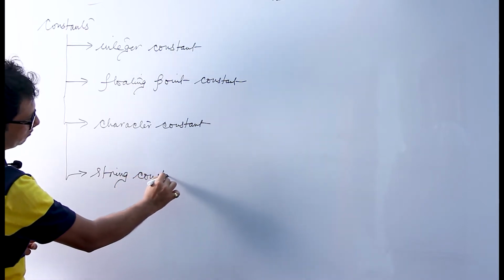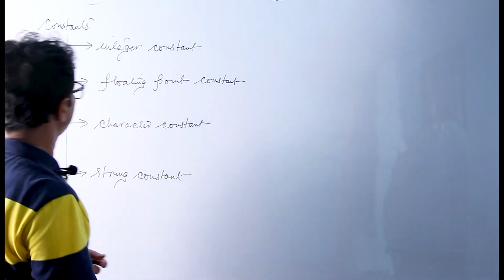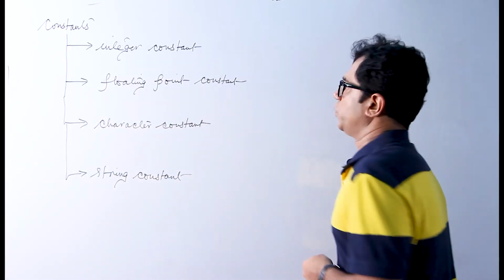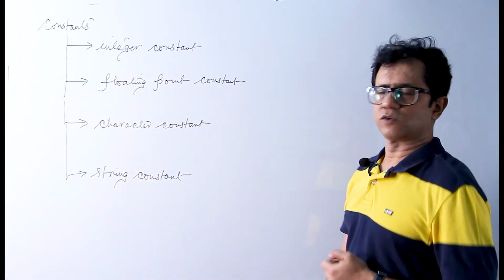So there are basically four types of constant in the C language. We can use these constants wherever required.